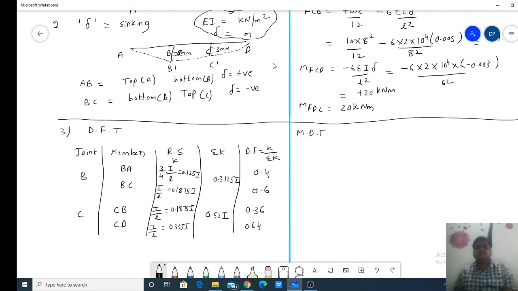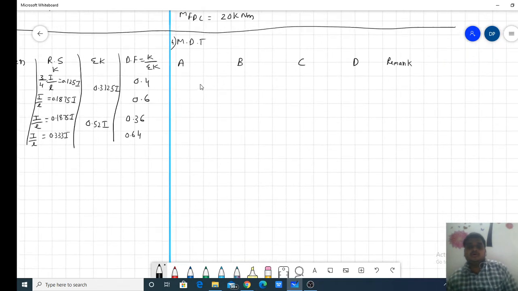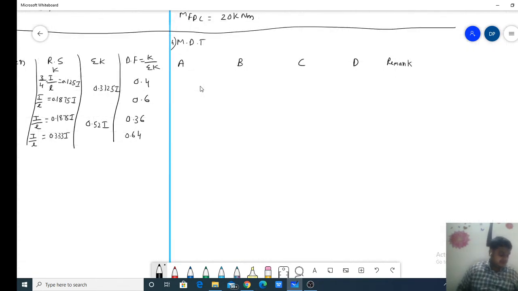So this is my fourth step. When I am drawing the moment distribution table with respect to members, I need to write A, B, then C, and then D, then at the end I am having a remark, right? Now with respect to this, I need to go for the moment distribution table, right?